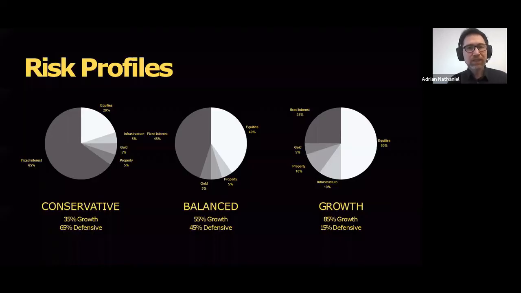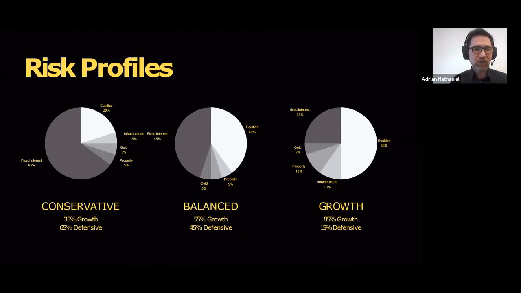Now the next thing to consider is your actual personal risk profile. Everyone is different, and everyone has a different tolerance to risk, and when I say risk, I mean volatility. It ranges between conservative to growth. Conservative would have most of their portfolio in defensive assets.